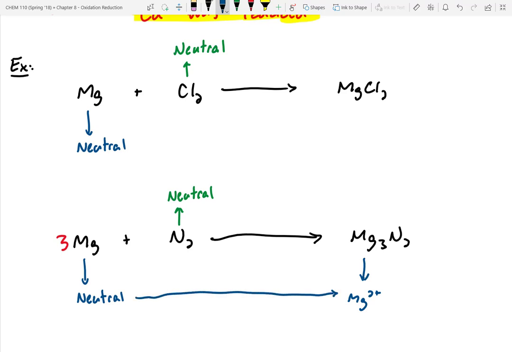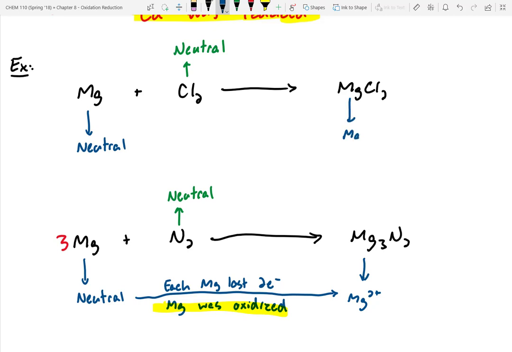Did magnesium gain or lose electrons? Yeah, so each magnesium lost 2 electrons. So is it oxidized or reduced? Oxidized. So that's pretty straightforward. We can do that one. All right. Same thing is true for the reaction right above.